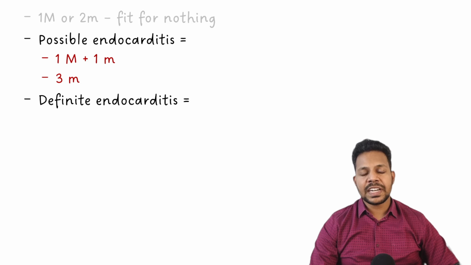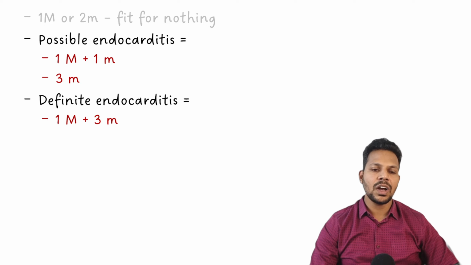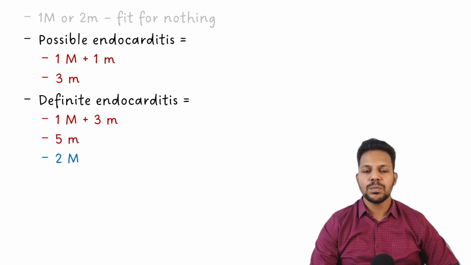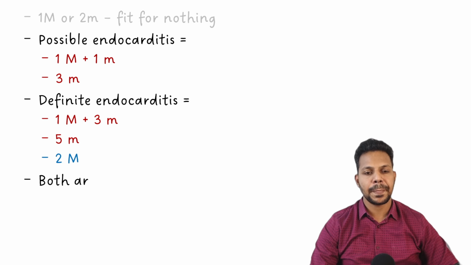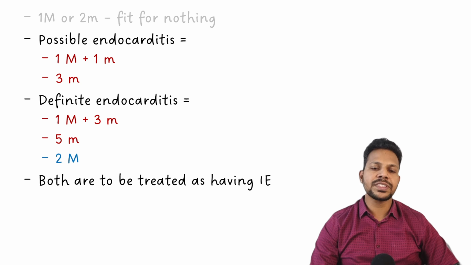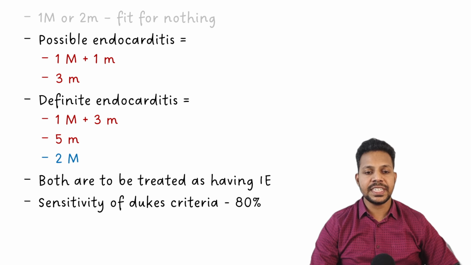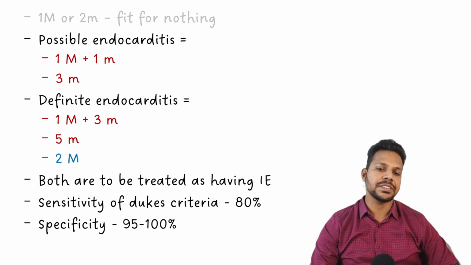You can call it as definitive endocarditis when we have one major plus three minor criteria or five minor criteria or two major criteria. Both possible endocarditis and definitive endocarditis should be treated as having infective endocarditis. The treatment would be the same. The sensitivity of Duke's criteria in the diagnosis of infective endocarditis is 80% and specificity is 95 to 100%.